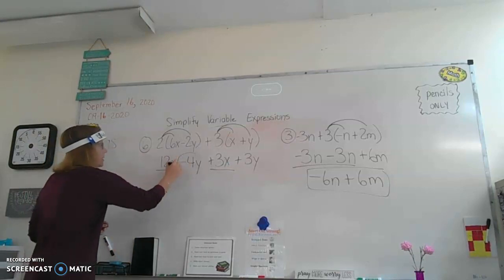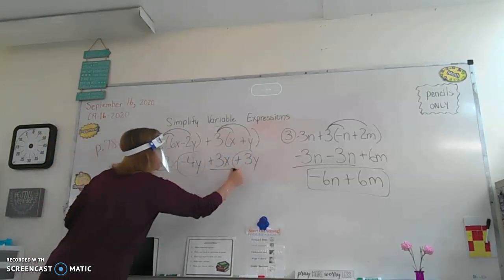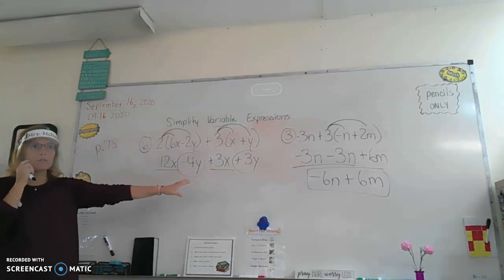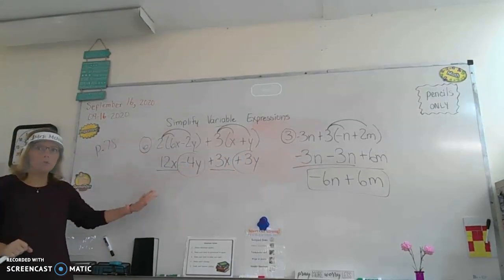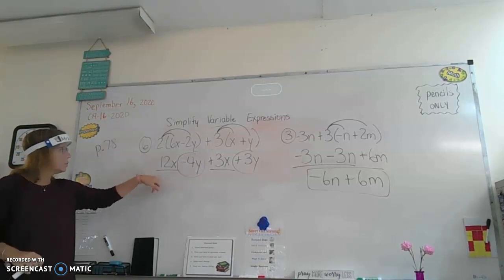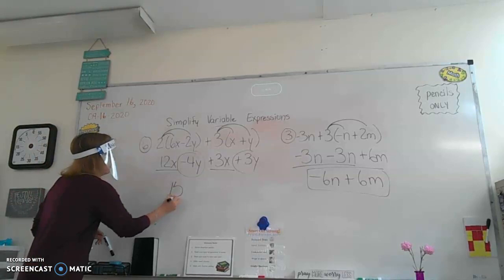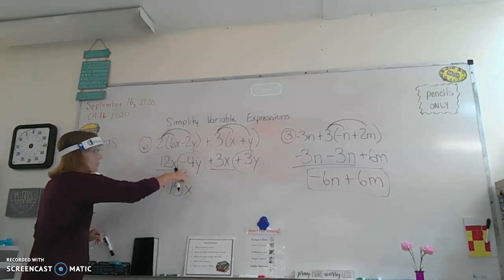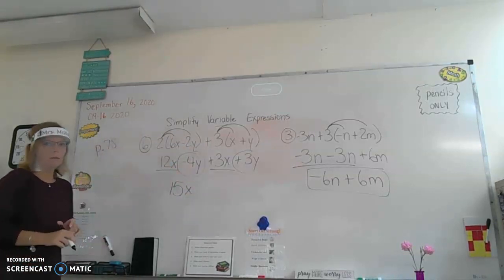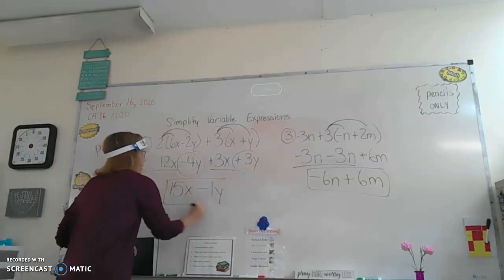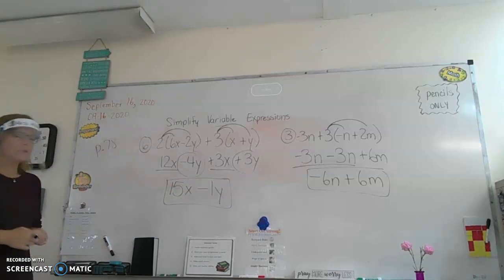The y's. When I am combining these variables this time, I need to make sure I pay attention to the signs so that I get the addition and subtraction correct. So I have 12x plus 3x, which is, yep. And I have negative 4y plus 3y. Negative 1y, or even just negative y would work for that. Good job, guys.